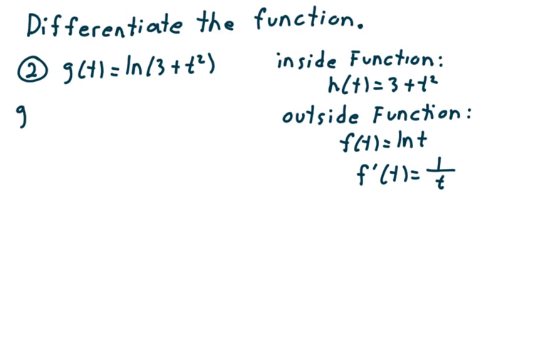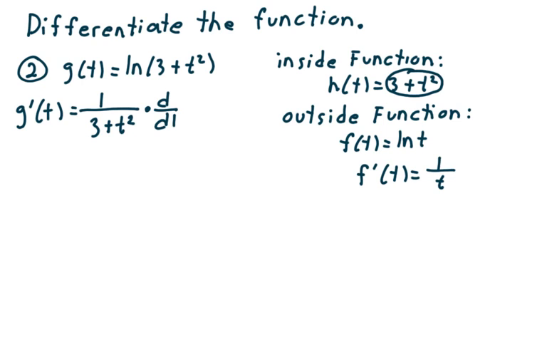And so when we want g prime of t, we're going to take the derivative of the outside function, but we're going to evaluate it at the inside function first, okay? So we're going to get 1 over, and then I'm going to replace t with 3 plus t squared. So we get 1 over 3 plus t squared, and then I'm going to multiply by the derivative of the inside function, again with respect to t.